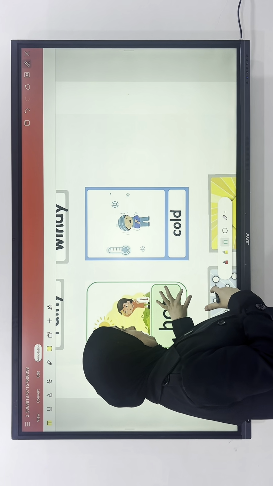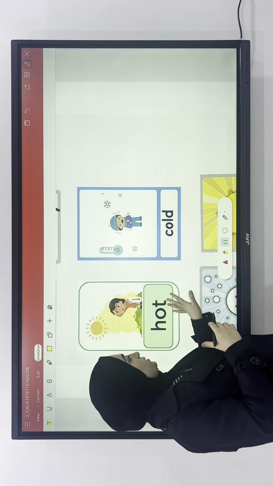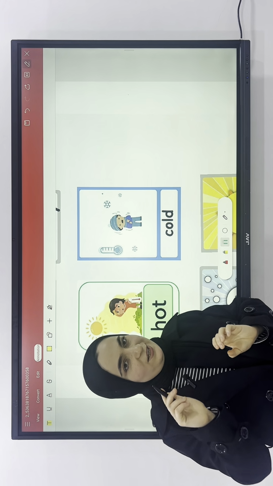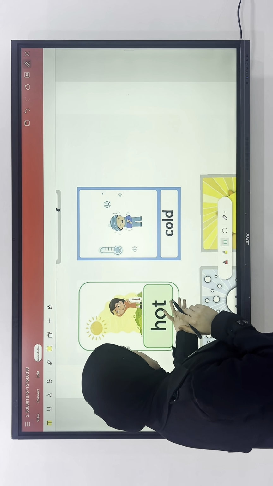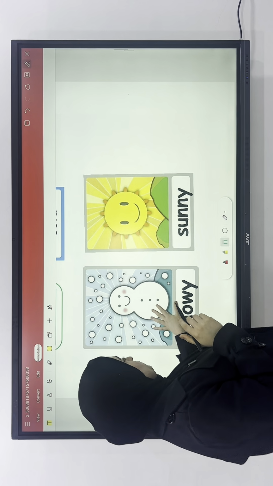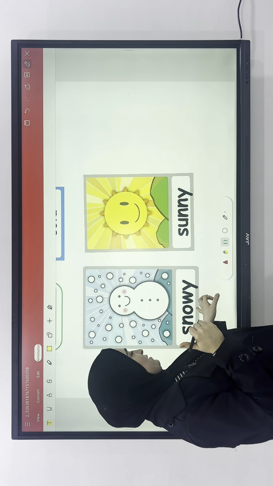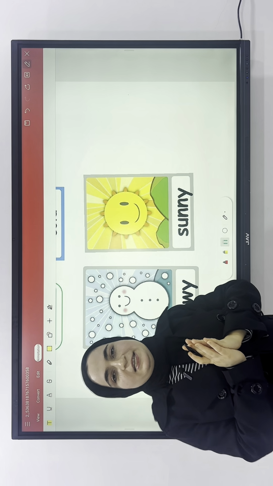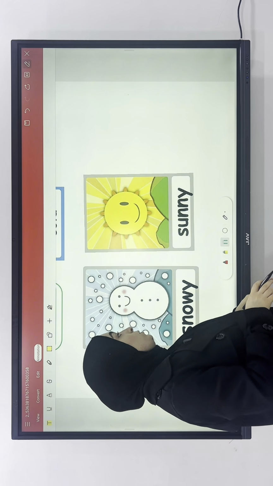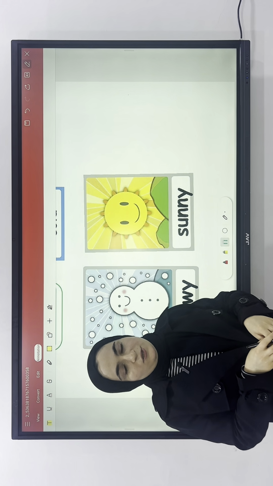So this is the weather hot, and this one is cold. Are you ready to go to the next one? Let us go to the last two weathers. This weather that you like so much. Snowy weather. Snowy means the snow is falling down from the sky. So what do we do if the weather is snowy?